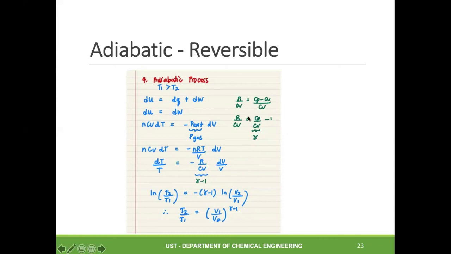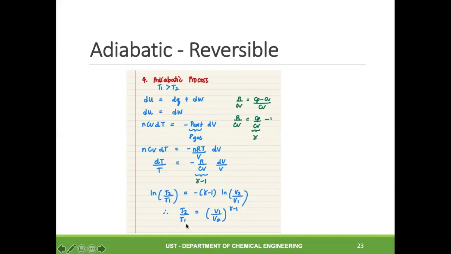So substituting, R over Cv is Cp over Cv minus 1. And the ratio Cp over Cv is represented by gamma. So this becomes gamma minus 1. So the equation becomes ln T2 over T1 is equal to negative gamma minus 1 ln V2 over V1.